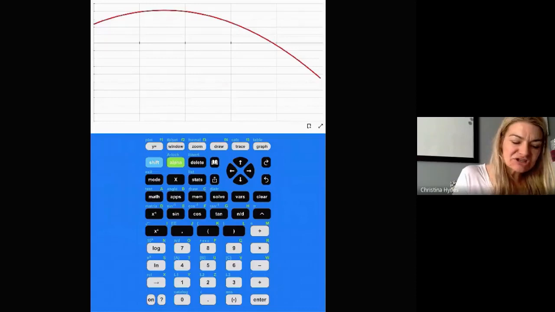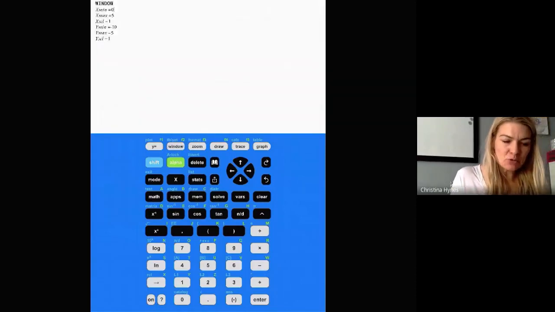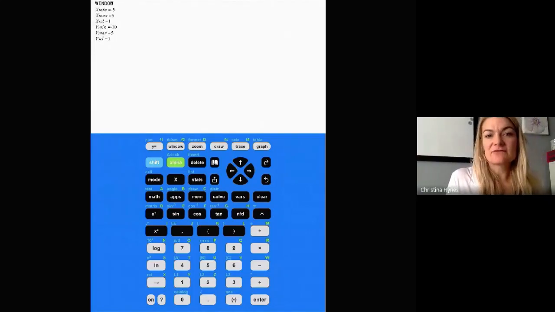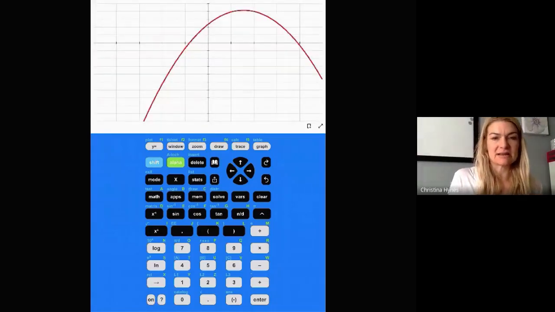And I'm going to extend the window so I can see the other x-intercept by going into the negatives. Even though time is not allowed to be negative, just for the sake of that question, they do want the coordinates of the x-intercepts. So by extending the window from -5 to +5, now I can see both x-intercepts.